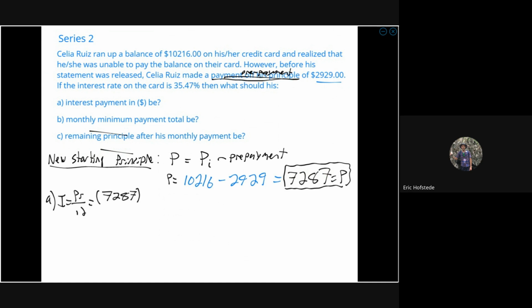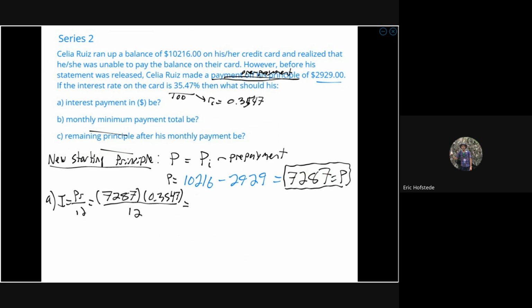Then I have an interest rate given as 35.47. Again, I'm going to divide that by 100. And my interest rate is 0.3547. And I'm going to divide this interest by 12 because it's not an annual interest charge. This is on my monthly statement.